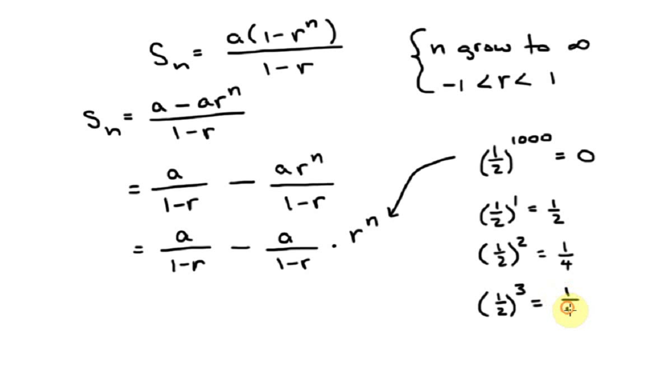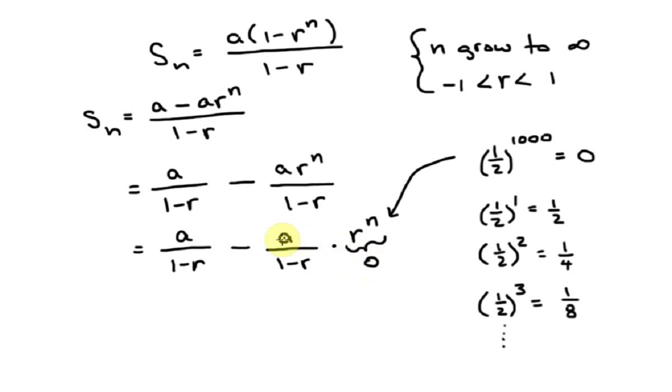So this turns into 1/8. And you can keep going like this, but you see what's happening is this whole thing is going to keep getting smaller. So if n is getting bigger, which it is, going off to infinity, that means this whole thing here is going to become 0.